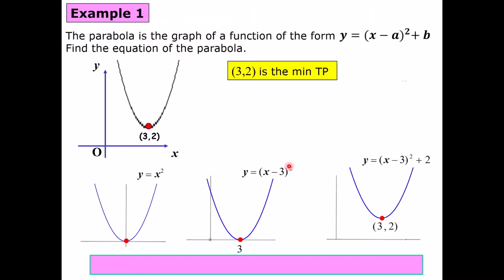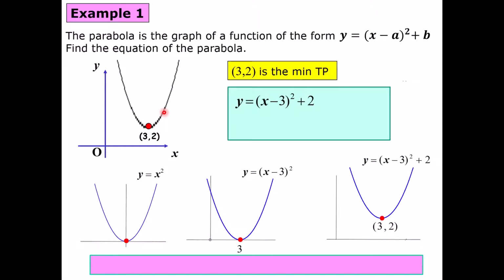And then we're going to move it 2 places up the y direction. That's why we've got plus 2 on the end. So starting at our standard y equals x squared, we've moved it 3 places to the right, so we've replaced our a with 3. And then we're moving it 2 places up to get to our turning point. So our equation is y equals x minus 3 squared plus 2.